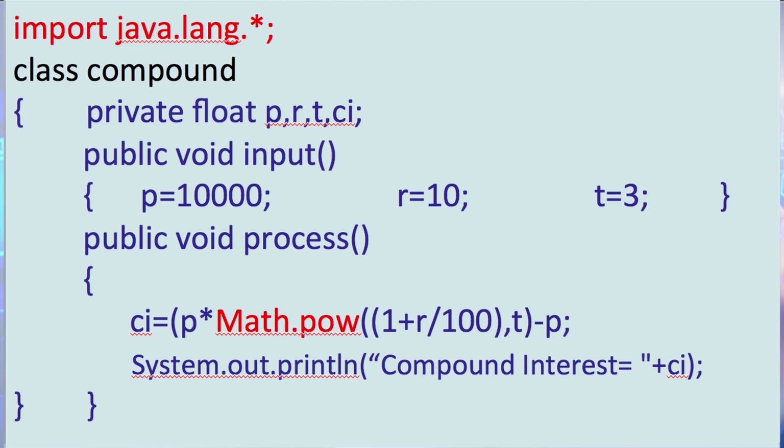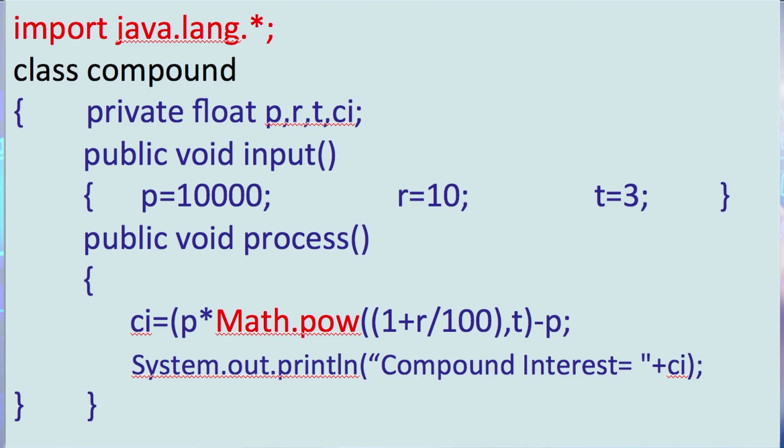You can see here the first statement, import java.lang.*, where the star asterisk means under the language package we have different functions. So by this wildcard character, by this star, we are using all the functions of the language package. So this is the import statement, and the second one is the class.